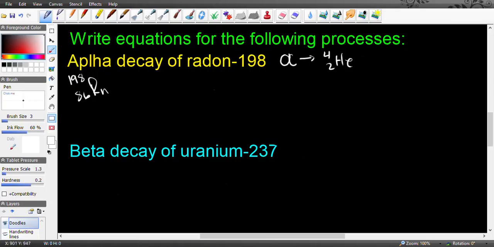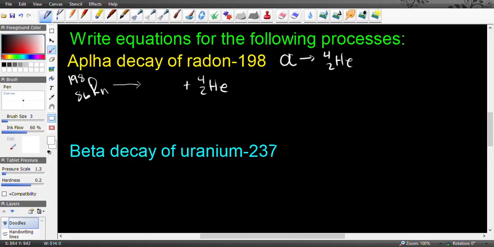So if that undergoes alpha decay, we are going to be left with something plus an alpha particle, which is a 4,2 He. So we should know alpha decay equals this. This is going to be part of our reaction.